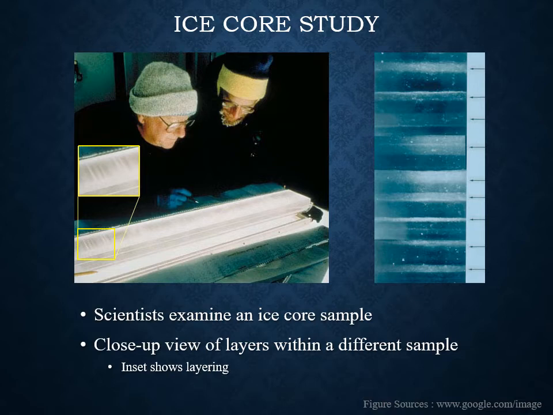Whatever the process, scientists examine the ice core samples and find alternating light and dark layers within the ice cores. Now, these bands indicate some definite conditions.